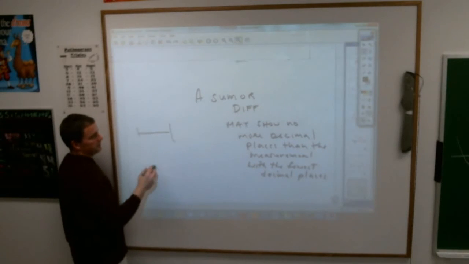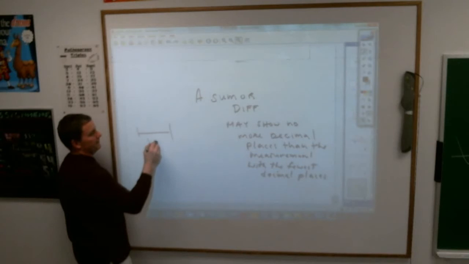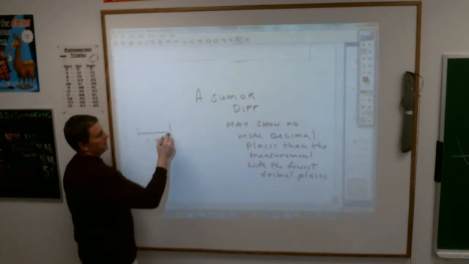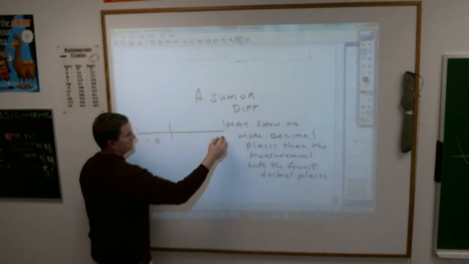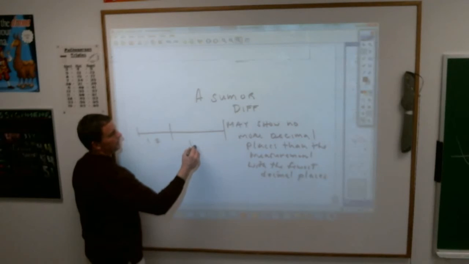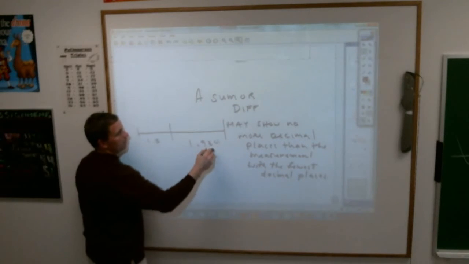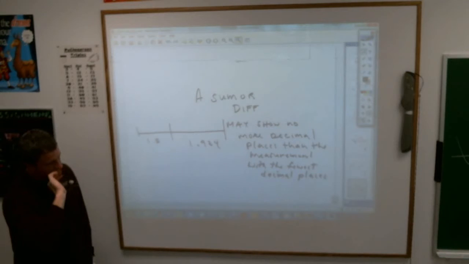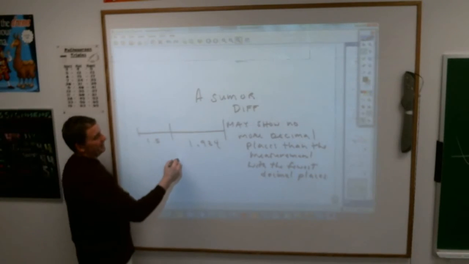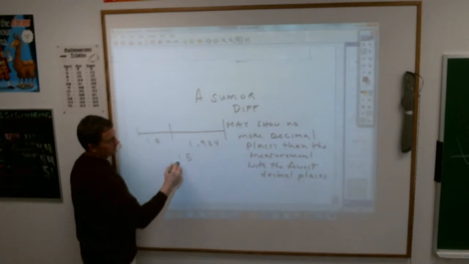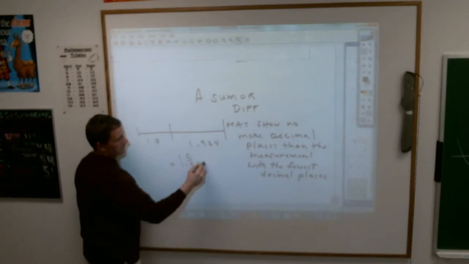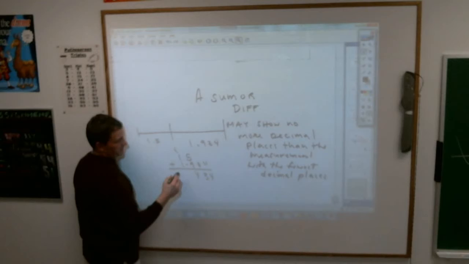If you measured one stick to be 1.5 inches, and then measured the next one to be 1.934 inches, if you were adding those together, you add this together and you end up with this.